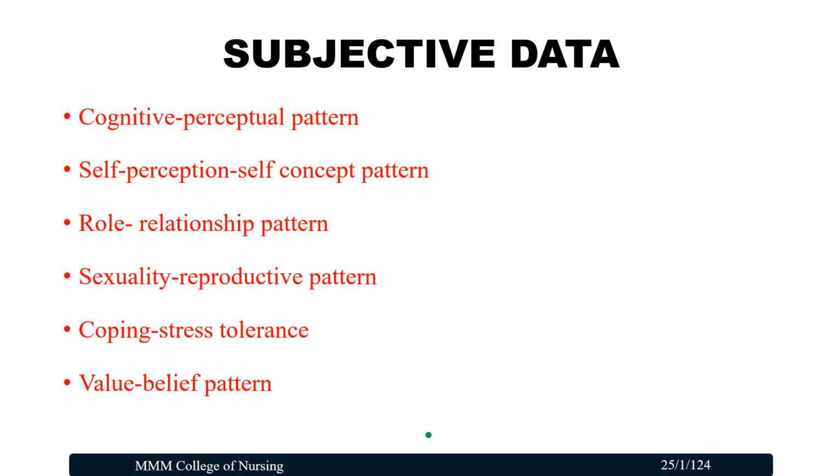Coping and stress tolerance: here, how the patient deals with stress. Stress can cause headache and trigger exacerbations of mental status changes. Value and belief pattern: here, what are the patient's religious practices and beliefs or cultural influences with regard to health care. All these values and belief patterns may affect the patient's health care practices.